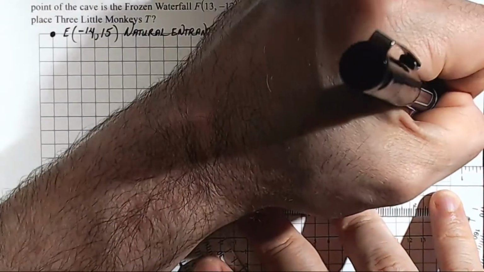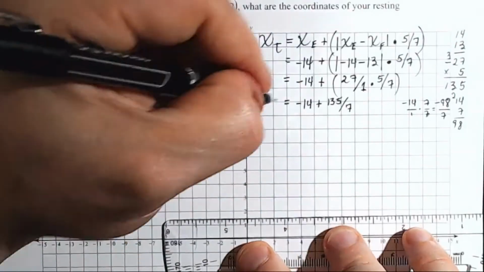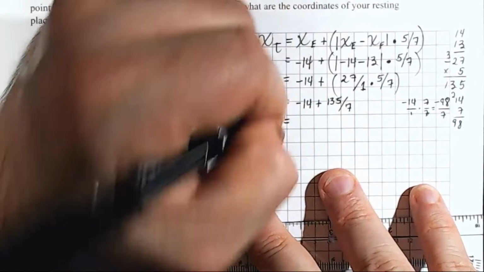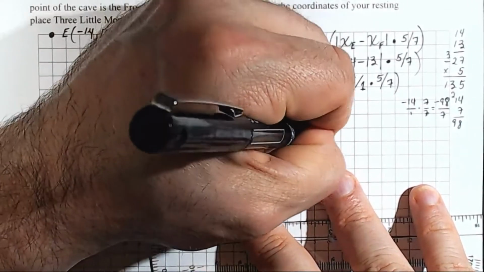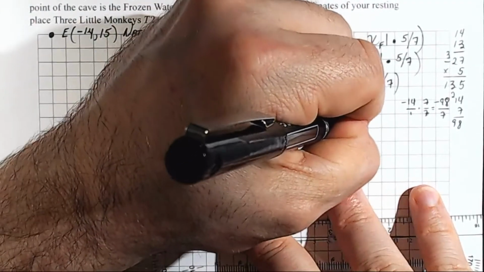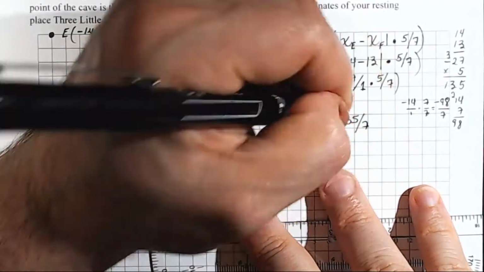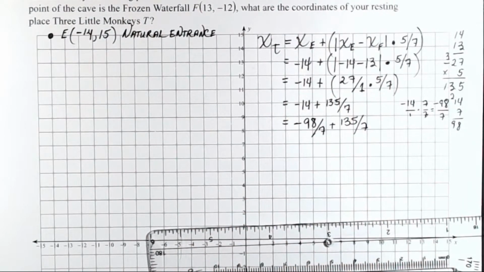All right, so this is equal to -98/7. So let's rewrite this. And instead of -14, I'll write -98/7 plus 135/7. Okay, so now I just basically have to subtract 98 from 135.